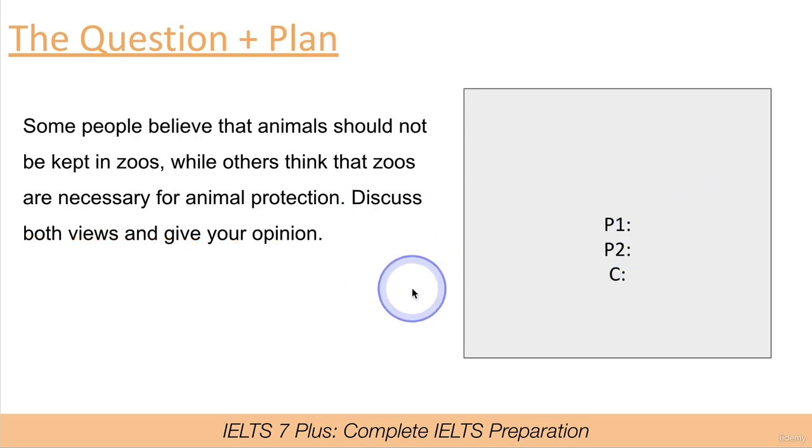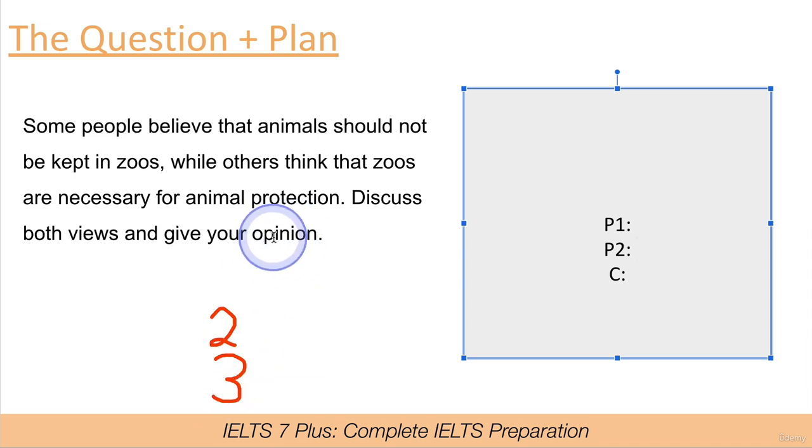And if you've seen our videos before, I like to do the opinion in the second paragraph of the main body. So you have our introduction in the first one, then our first main body, then our second main body, which will include our opinion, and then of course our conclusion. So I'm going to show you how to do this in a 4-paragraph structure.